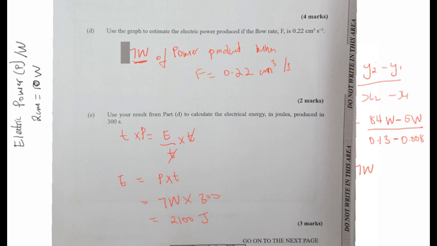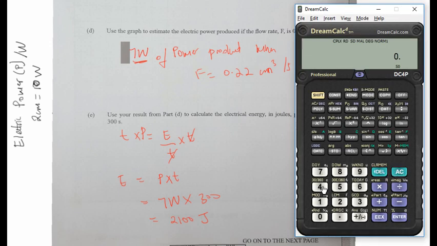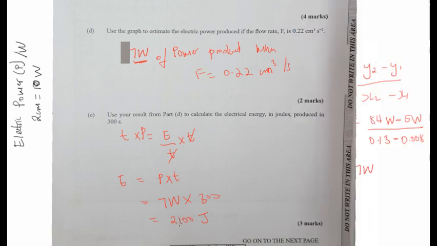Let me just check with the calculator. 7 times 300 should give you 2100 joules. So that's the electrical energy that is produced when the flow rate is 0.22 centimeters cube per second.